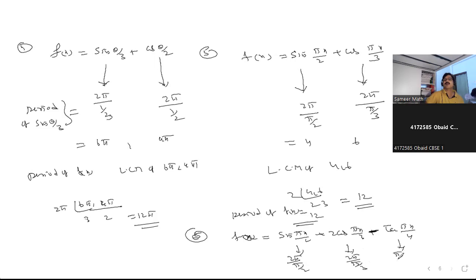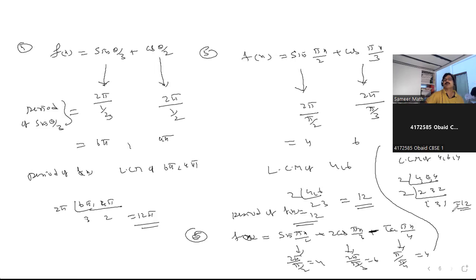Here pi by 4. Now you will get here 4, here 6, here 4. So the LCM of 4, 6, 4. What is the LCM of 4, 6, 4, guys? Take 2, 3, 2, again 2, 1, 3, 1. So you are getting 12. 12 is the period. Like this, we are going to do.